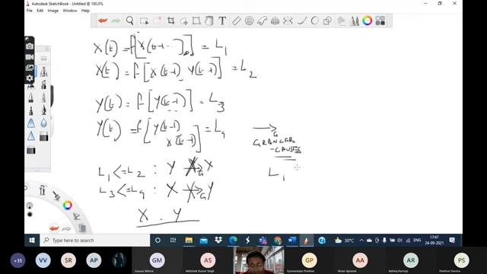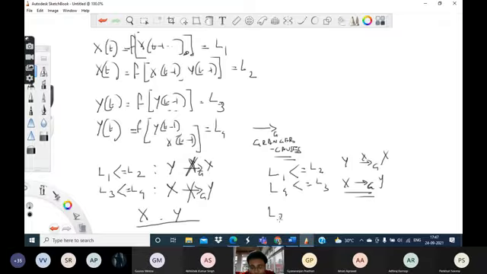But if it happens that L1 is less than or equal to L2, but L4 is less than or equal to L3, then y does not Granger cause x, but it seems that x does Granger cause y. So in this case there seems to be a one-directional causality from x to y.